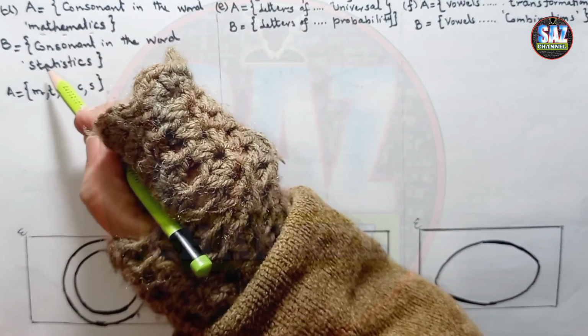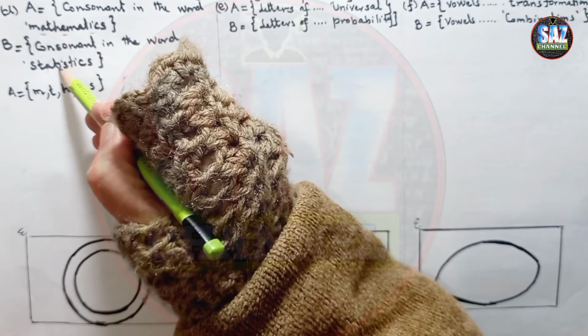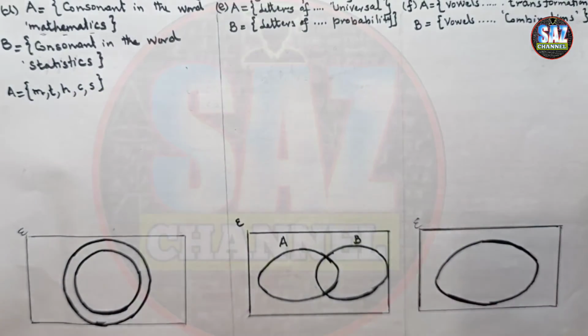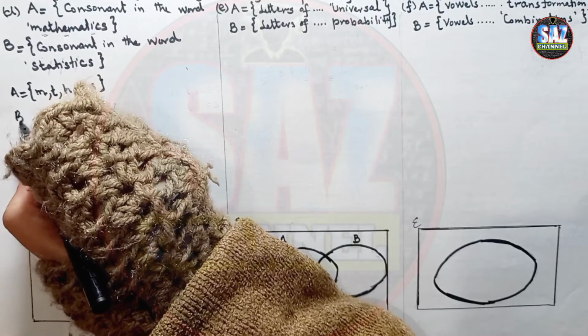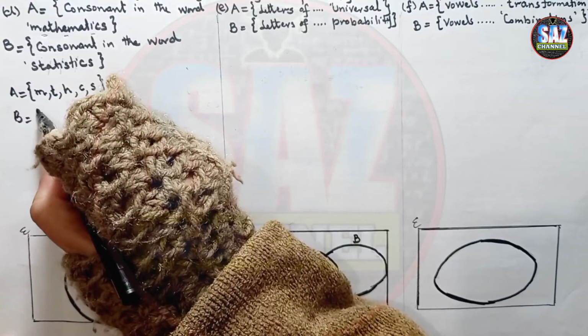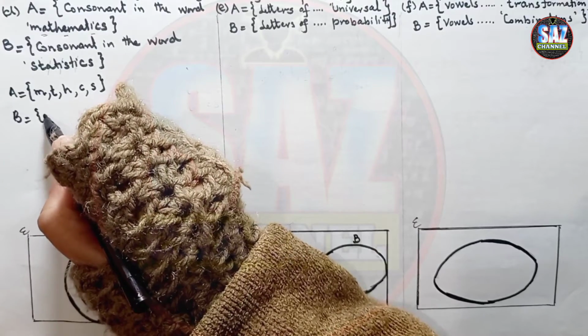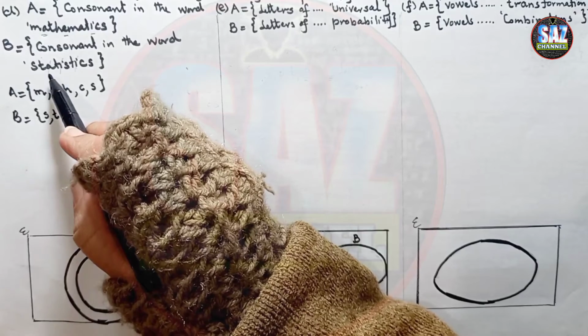Again, I'm cancelling the vowels. A is the vowel here, I is the vowel, so I will not be picking up these elements. Now set B will contain the elements, that is, B is statistics: S. Then I can have T. A I'm not going to take.